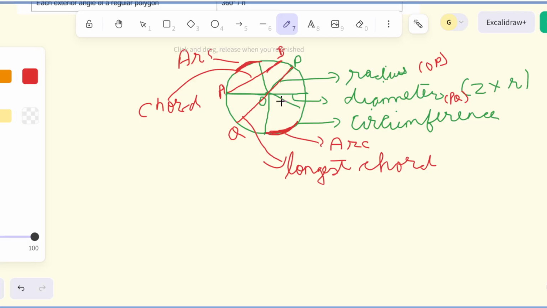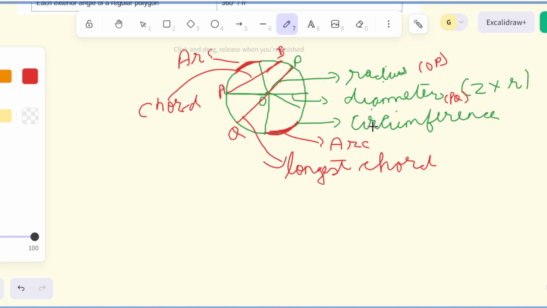So we learned arc, which is a part of the circumference of the circle. We did the chord, which is the line segment intersecting the circle at 2 points. We discussed the radius, which is a fixed distance of any point on the circumference from the center. And diameter is always two times the radius in measurement, and it's a chord which passes through the center of the circle.